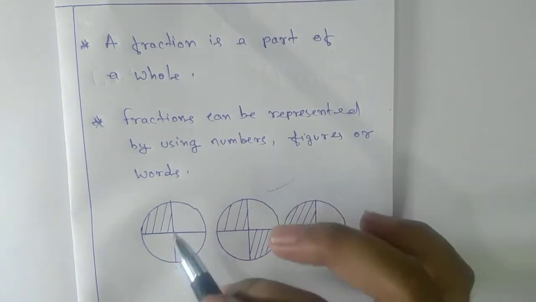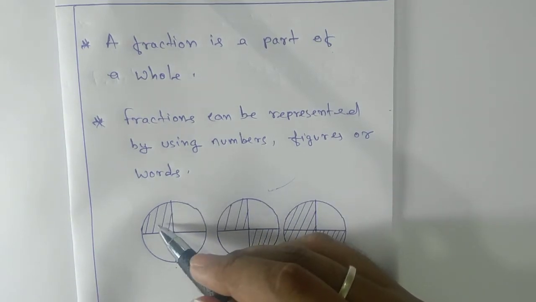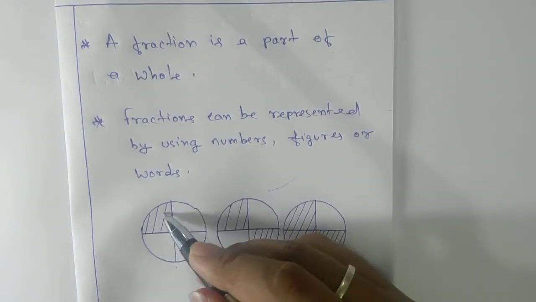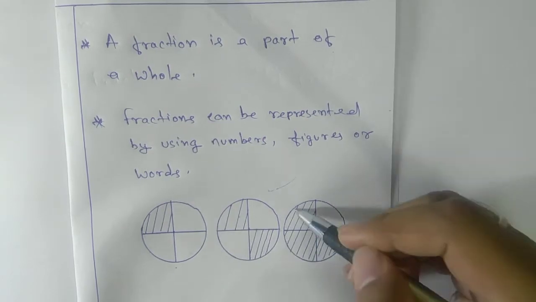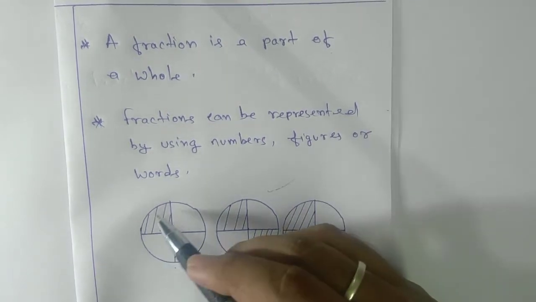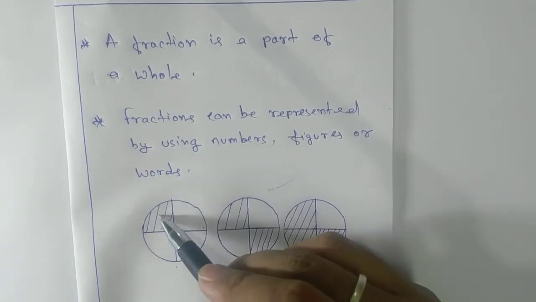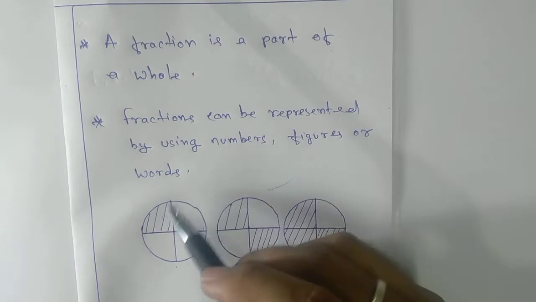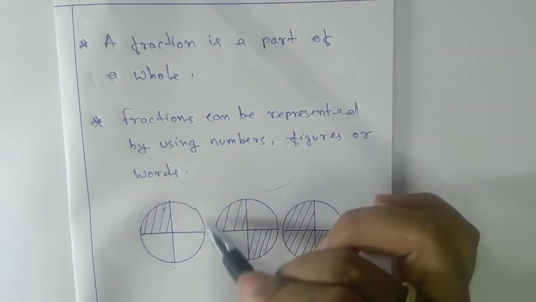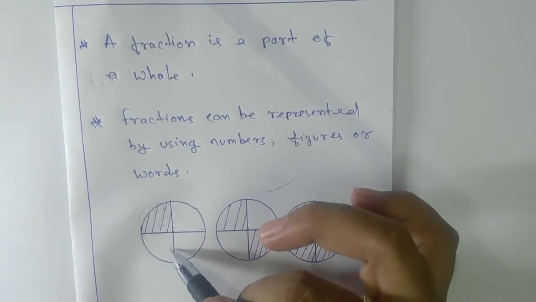Then if you take any part of it, either 1 piece, 2 pieces, 3 pieces, or a whole piece, that is a part of a whole. This is a part and this is your whole.